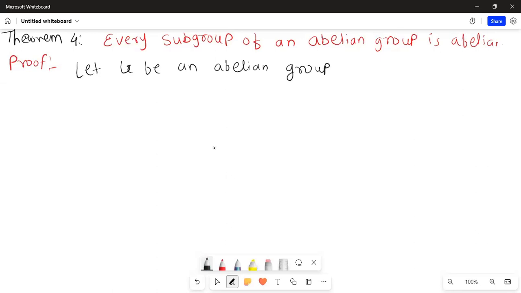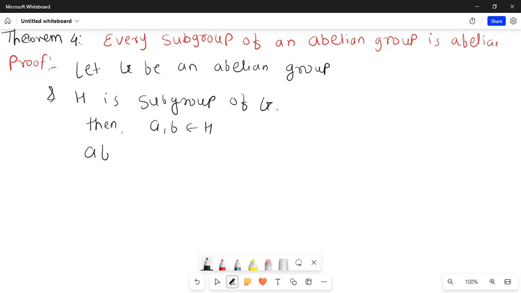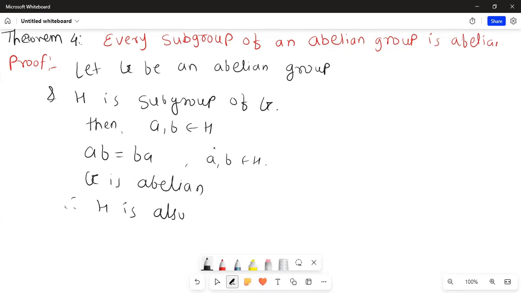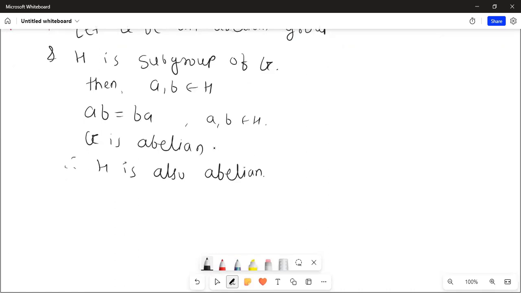So G be an abelian group and H is a subgroup of G, then AB belongs to H. Then AB equals BA, also AB belongs to H. G is abelian, H is also abelian. तो ये हुआ उसका प्रूफ.